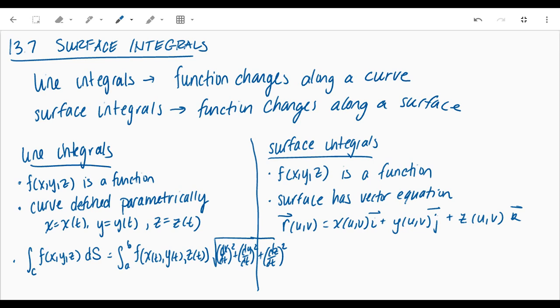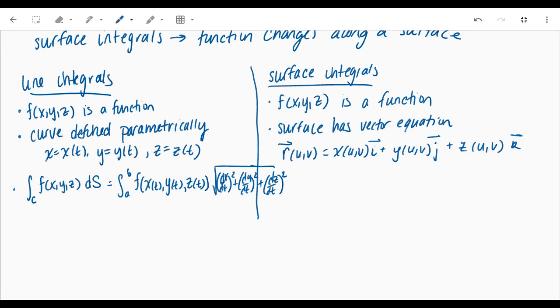And if you remember too, if f of x, y, z was just 1, then what we were finding there was arc length.